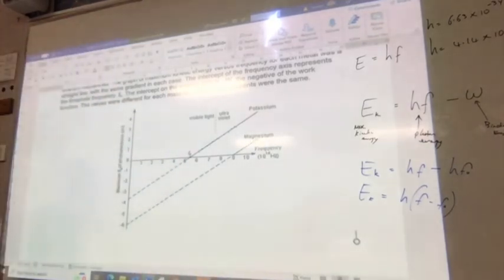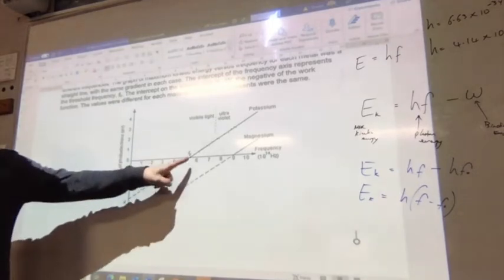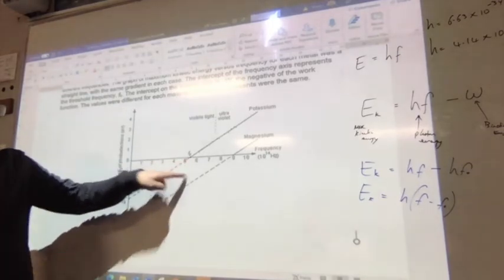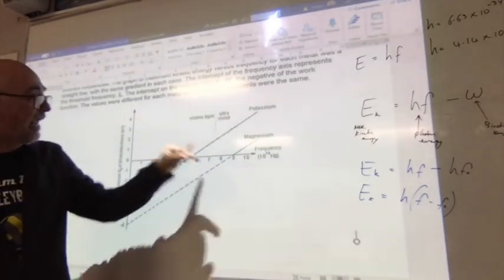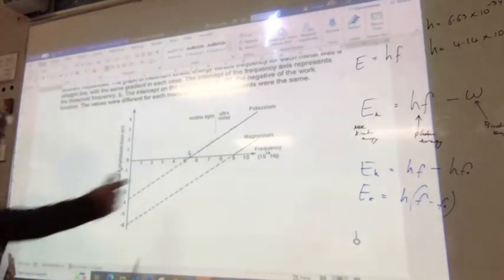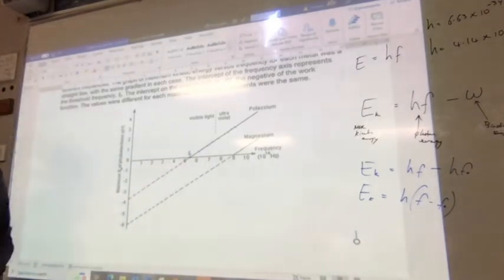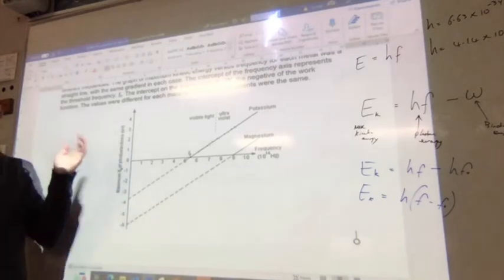Now, one way to imagine, oh, that's that value there. These values tell you what the maximum kinetic energy is of all of these different photon frequencies. But when you extrapolate all the way down to here, the intersection on the graph is the work function.